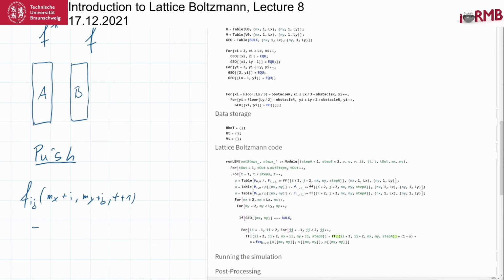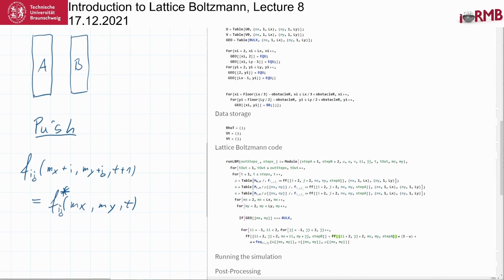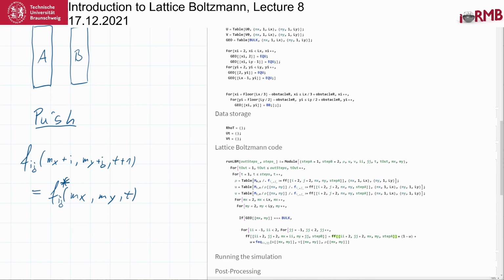simplified, this is f ij, the pre-collision state at mx and my at the previous time step, or we could say this is the post-collision state at the previous time step. So this is the push streaming, and the post-collision states we simply compute locally by applying the Bgk operator that we already implemented above.